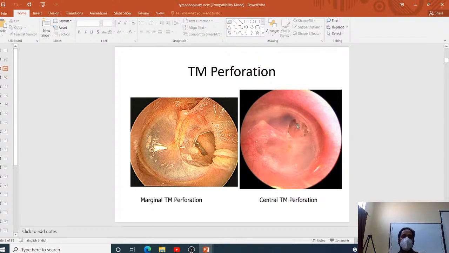This is a central perforation, where the pars tensa is involved and there is an intact rim of tympanic membrane all around the perforation, whereas here it is involving the margin of the tympanic membrane. So this is a marginal tympanic membrane perforation.